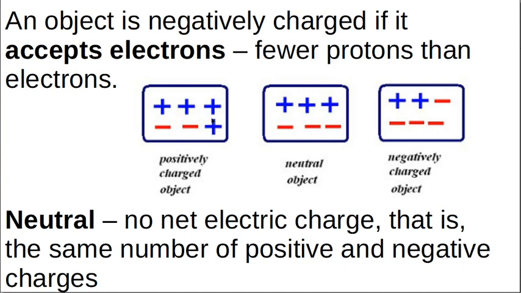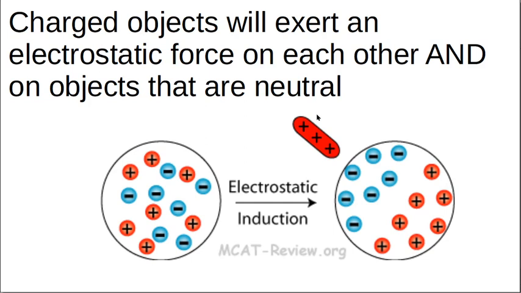So we could say, if we looked at this object, there's 6 charges in this object, but this object has a net positive charge because there are more positives. And this object here has 6 charges altogether, but there is a net negative charge because inside the 6 there are more negatives than positives. And this one has no net charge because there are the same number of positive and negative charges.